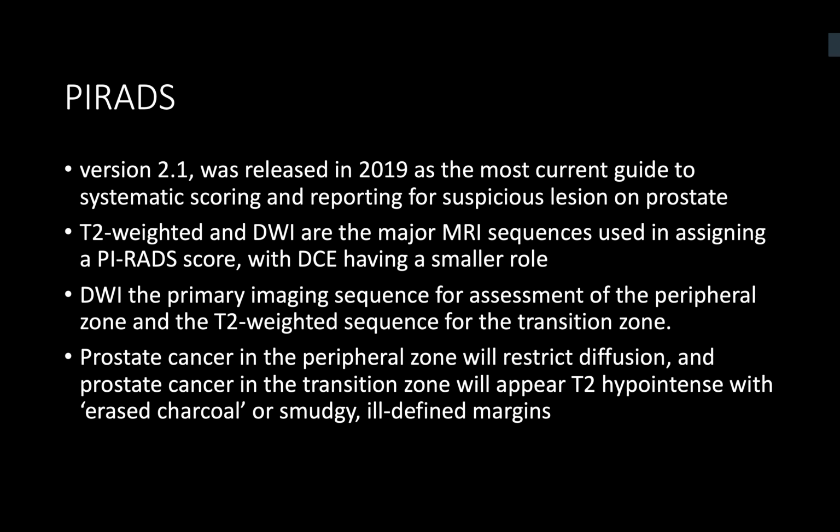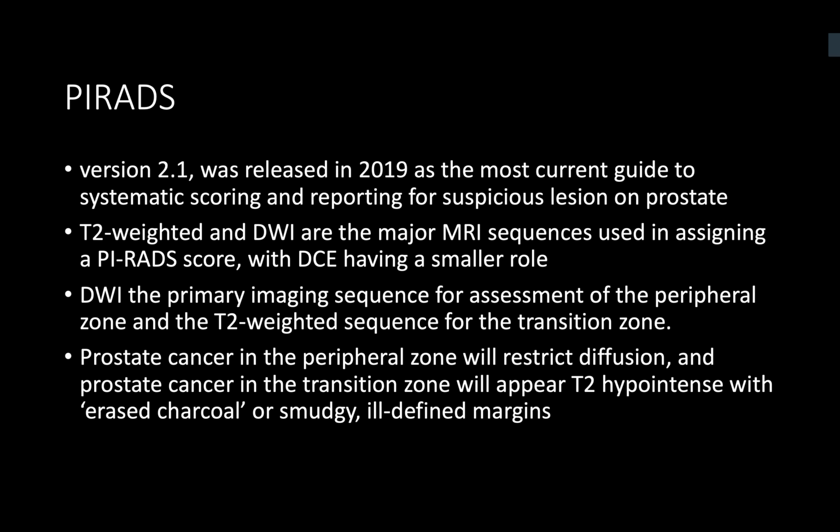So PIRADS is from PIRADS 1 to 5. PIRADS 1 being very unlikely, PIRADS 2 being unlikely to have clinically significant prostate cancer. PIRADS 3 equivocal, PIRADS 4 likely, PIRADS 5 very likely.